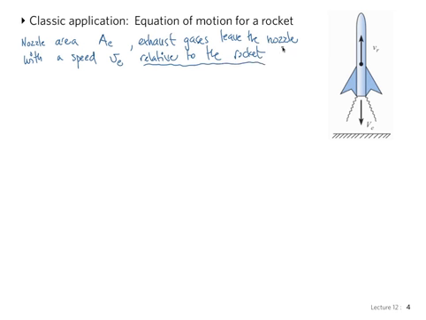And suppose that it's also leaving with some sort of overpressure. So there is a pressure of the exhaust here, PE, for the most general case. So the goal is to obtain, of course, the equation of motion of the rocket.